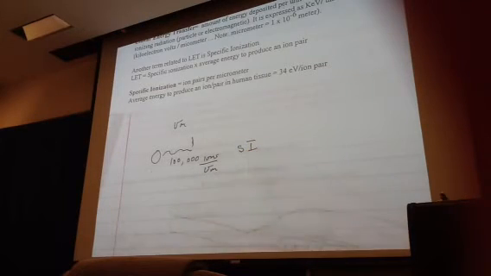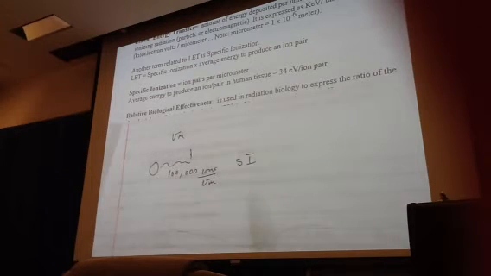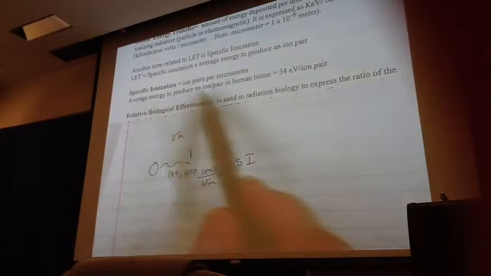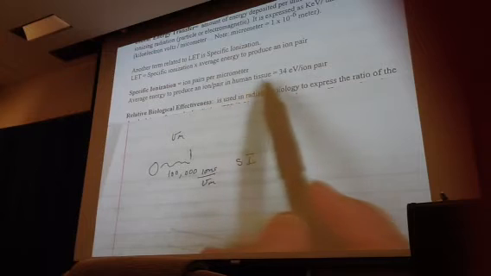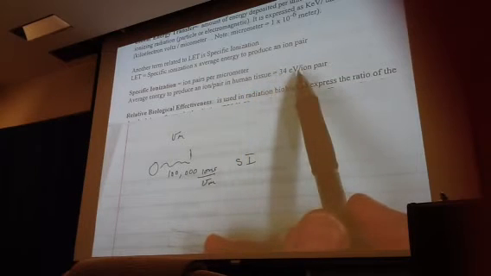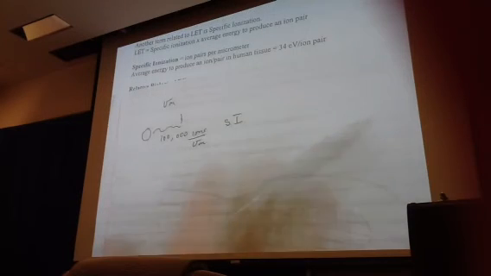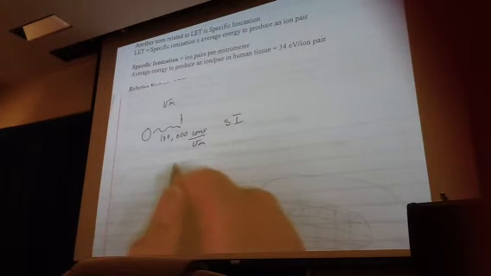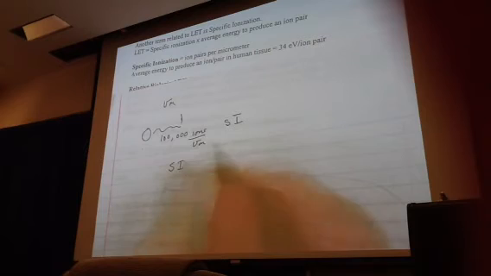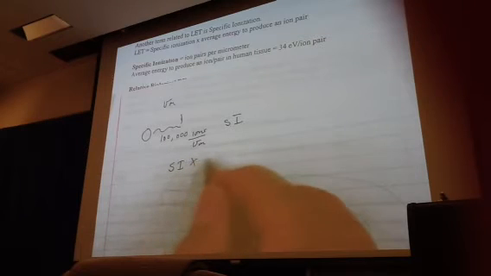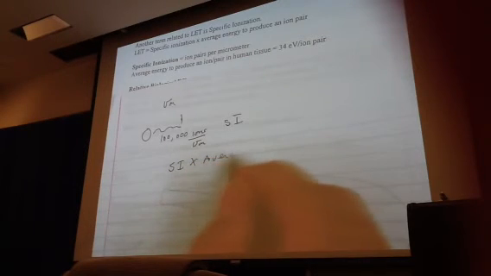Now to calculate the energy that was actually deposited, the average energy needed to produce an ion pair in human tissue is 34 electron volts per ion pair. So I take my specific ionization and multiply that times the average energy to produce the ion pair.